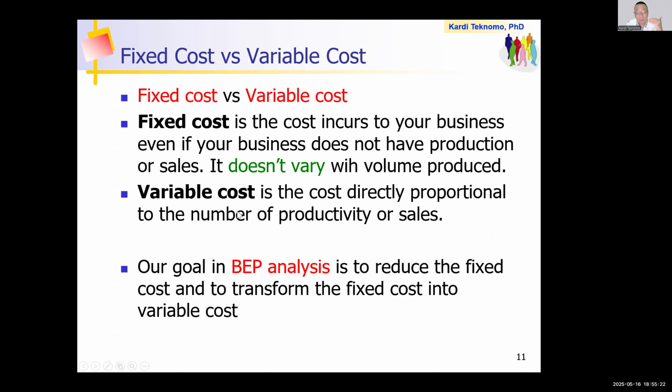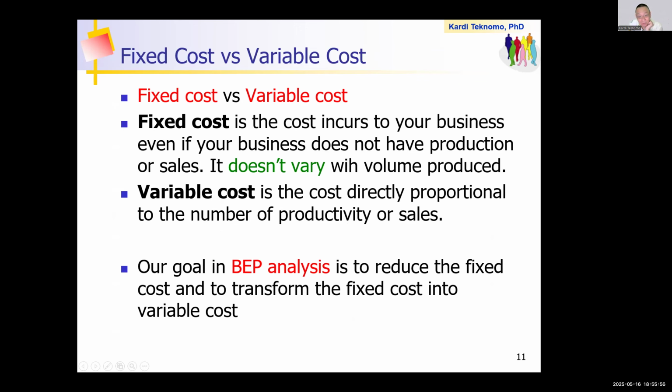And what is variable cost? It is the cost that is directly proportional to the number of products or your sales. So variable cost always varies based on the volume. Now our goal in BEP analysis is to reduce this fixed cost and transform it to variable cost.